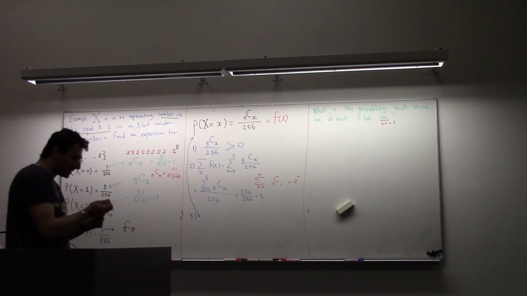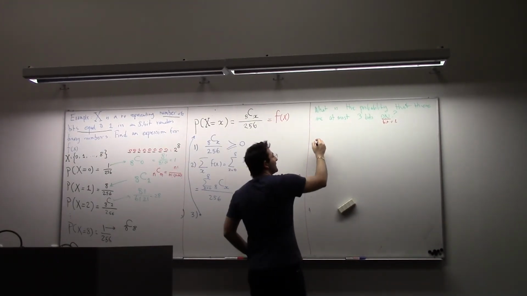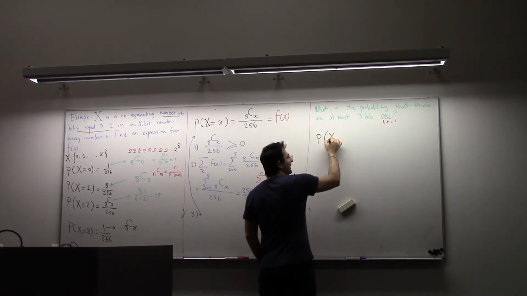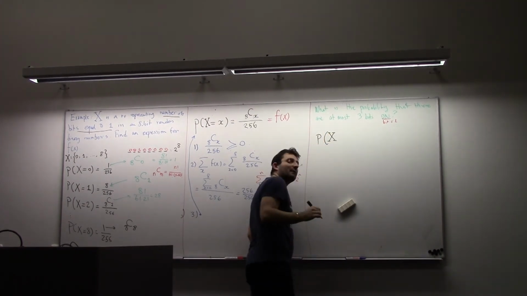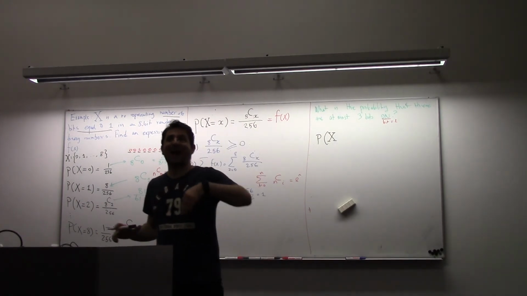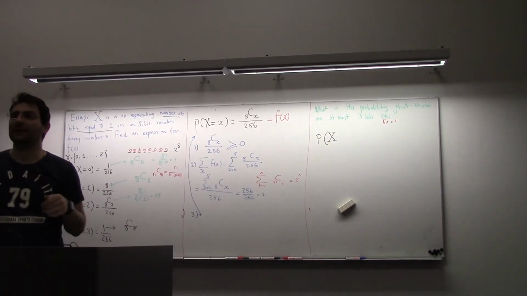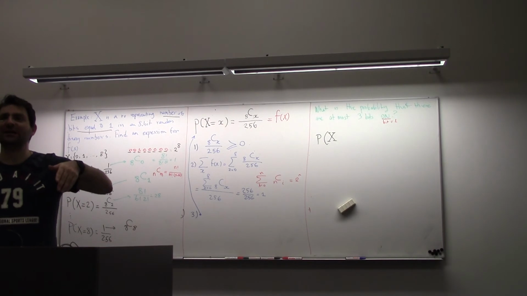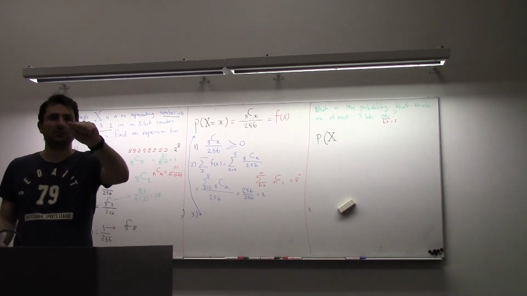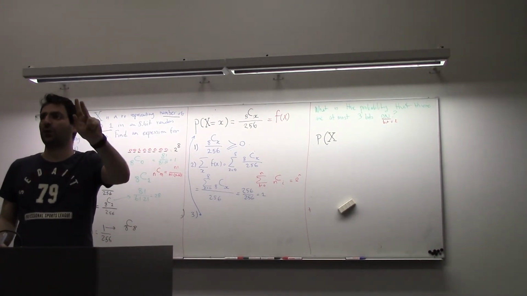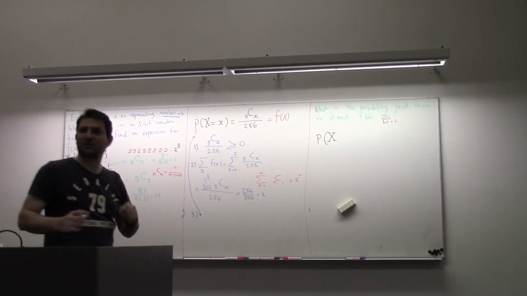So what it asks is this: what is the probability of a random variable x which is at most 3? What is the meaning of at most 3? It means that it can be 0, 1, 2, or 3.